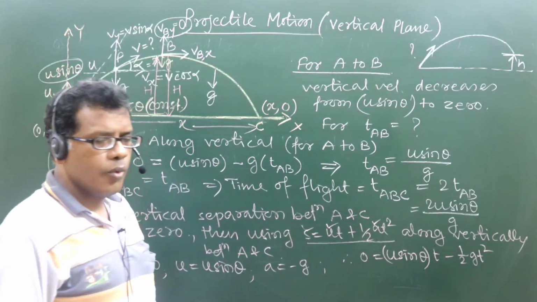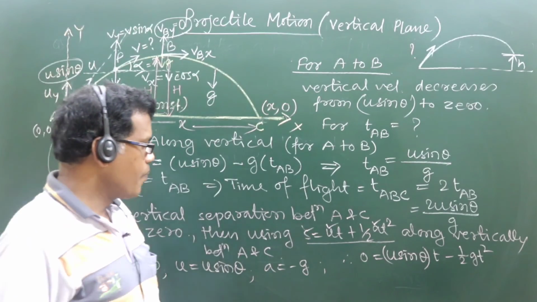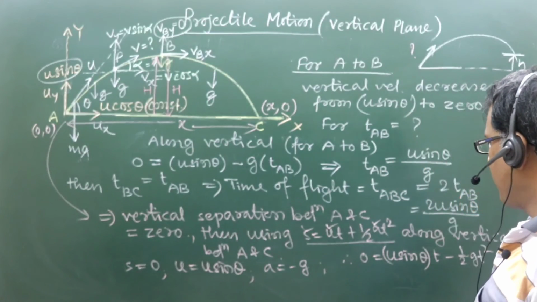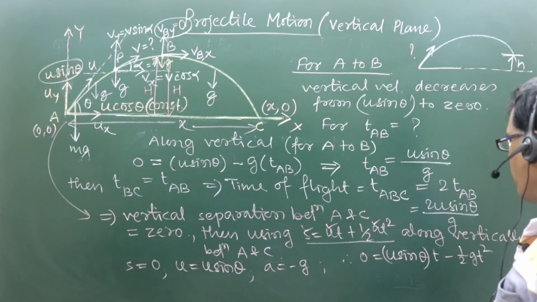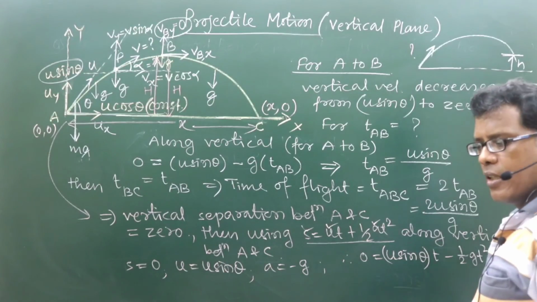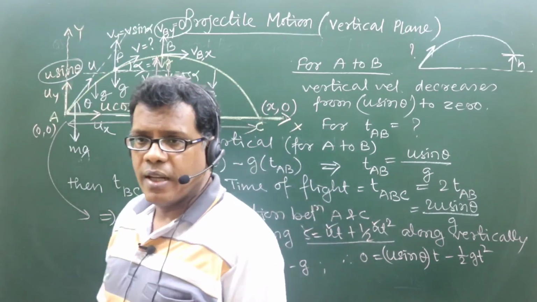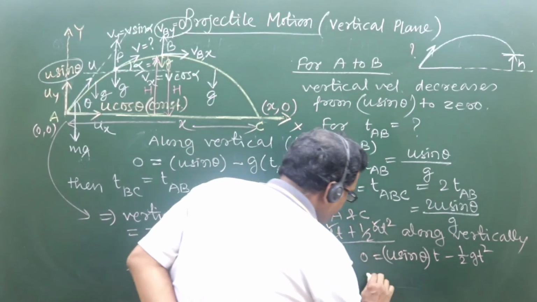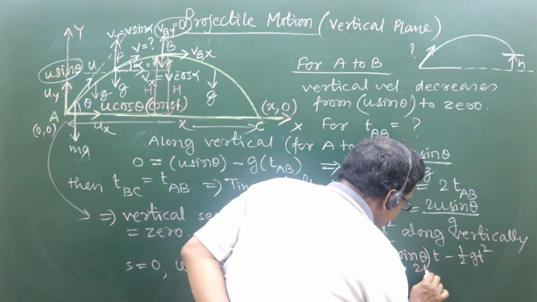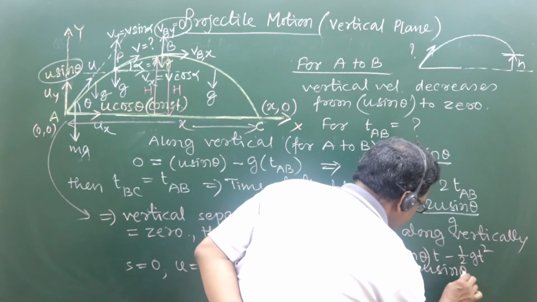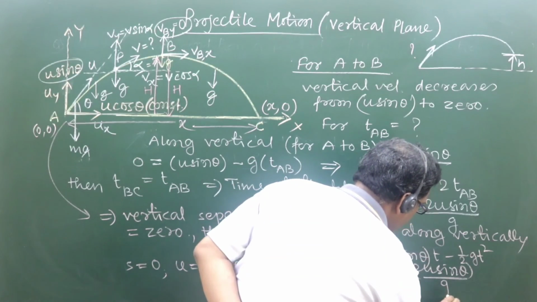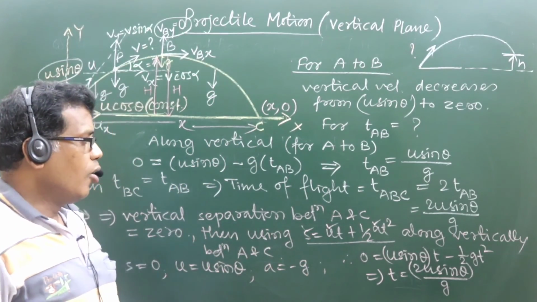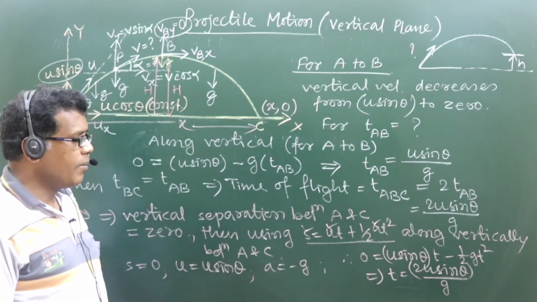Simplify it. What result do you get for t here after solving this equation? If you simplify this equation, what will be the value of t? Will it be t is equal to 2u sin theta whole divided by g, yes or no? If you simplify this one, won't you get t as 2u sin theta by g?